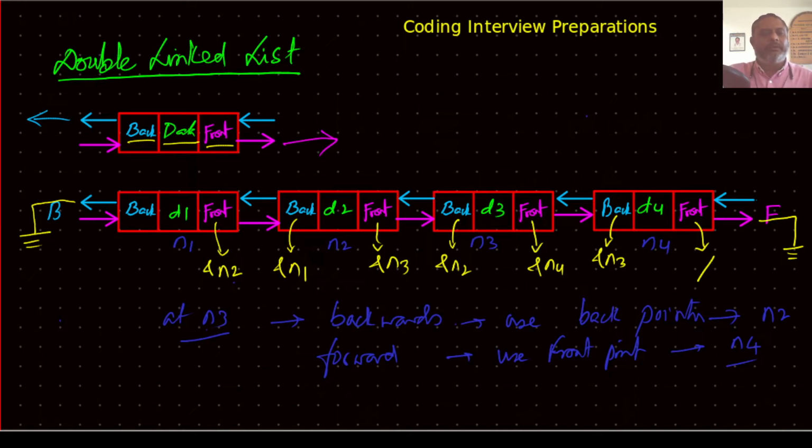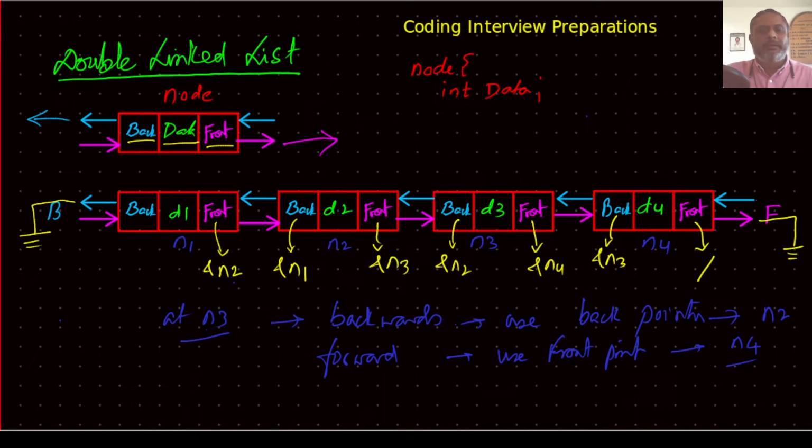What should I call this? Let me call this node. And how is the node defined? It is defined as a structure. There is a space for writing the data.